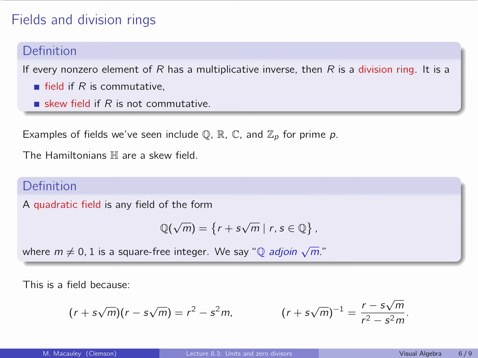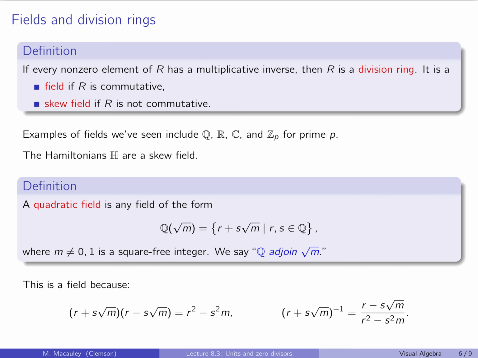This is clearly closed under addition, subtraction, and multiplication, but it's also a field because we can divide by anything that's non-zero. To see why, consider the element r plus s root m. If we multiply by its so-called conjugate, r minus s root m, we get an integer, r squared minus s squared m.